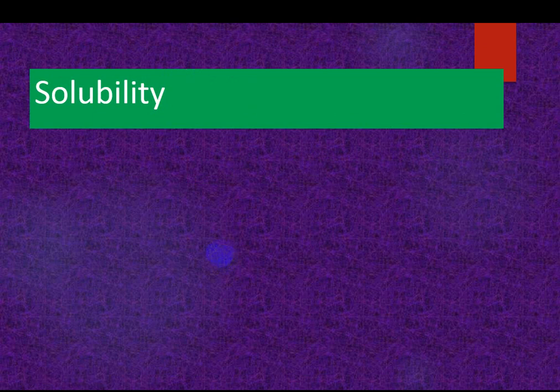Okay, now this term is solubility. Solubility: at a particular temperature, the amount of solute dissolved in 100 gram of solvent is called the solubility of that solute at that temperature.